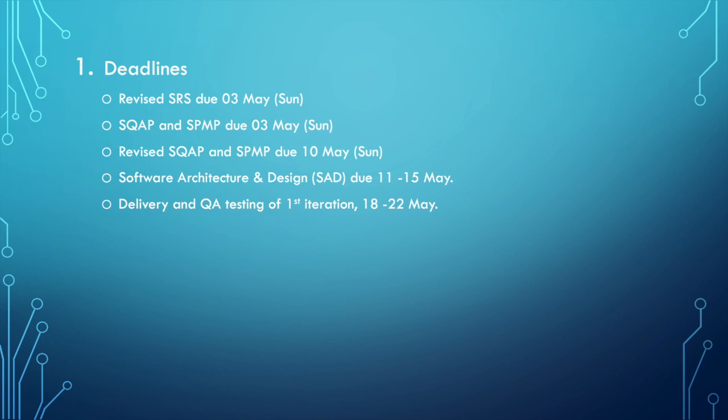So the management team, consisting of the project manager and assistant project manager, can ask help from the software engineers if they are interested in being involved in the software architecture and design.